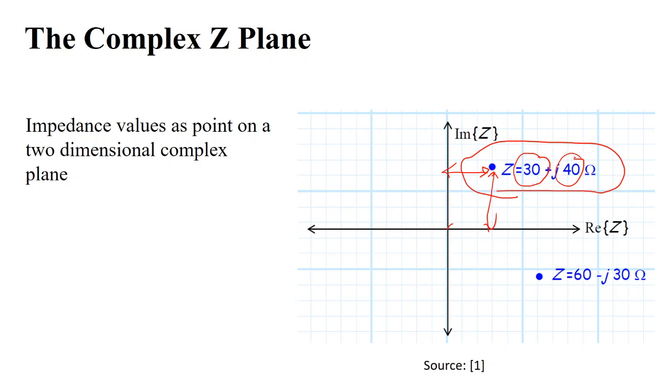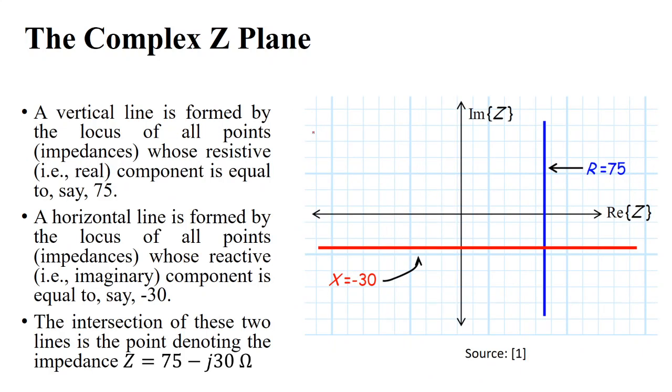If this is positive, it means it is inductive. If this is negative, then it will be a capacitive load. So here is an example of a capacitive load, and here you have an inductive load.